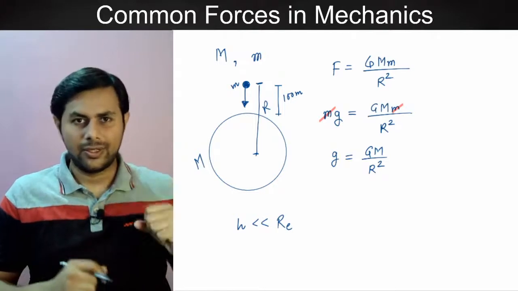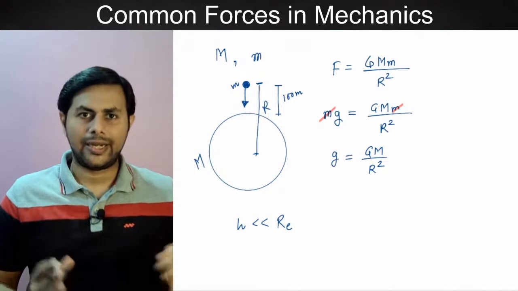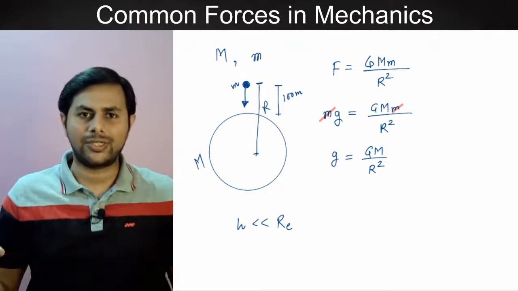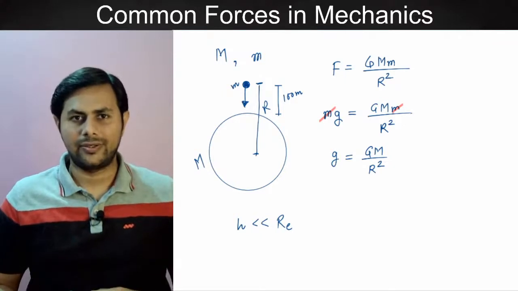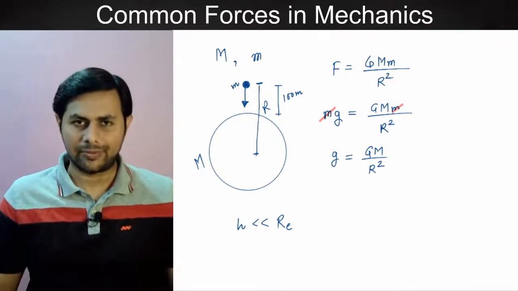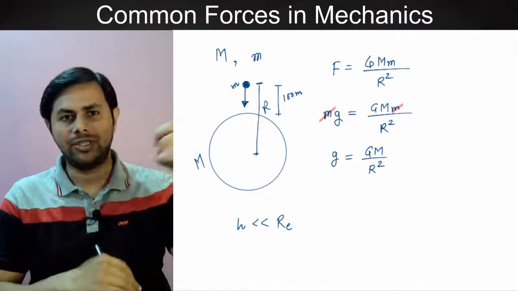But now we consider it to be constant, and it is justified because the earth's radius is very large compared to this height, or let's say a height of 100 meters, 200 meters. So there is not that much change in distance.